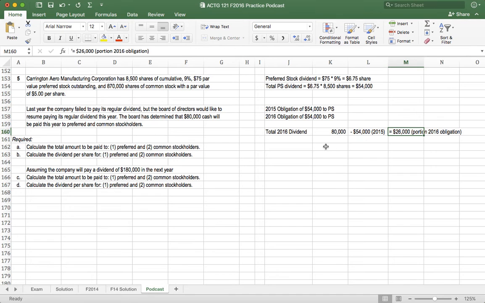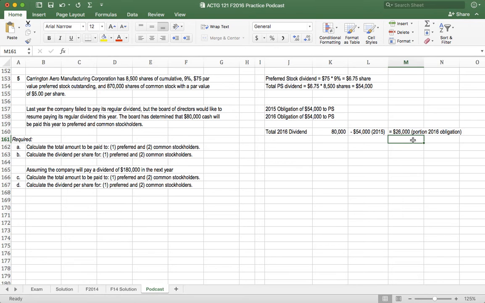So, what's that mean? Well, preferred stockholders are going to receive the entire $80,000 because the company owes them $108,000 total, 54 from 2015 and 54 from 2016. For the 2016 obligation, they're only going to be able to pay $26,000.